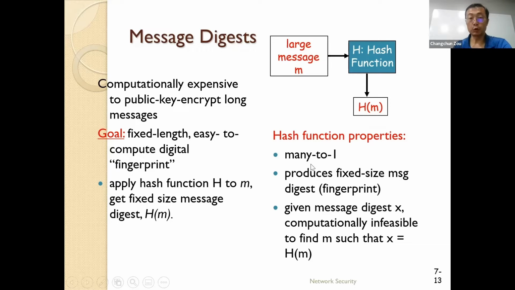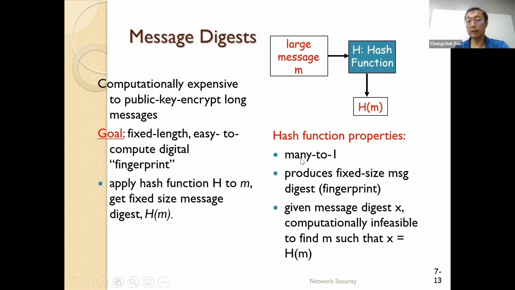Basically, it needs to maintain these properties. First, it generates a fixed size digest. No matter how big the original message M is, the H(M), the hash value, is always a fixed number of bits, like 16 bytes or 20 bytes or 30 bytes. Anyway, it's just very, very small, like dozens of bytes.